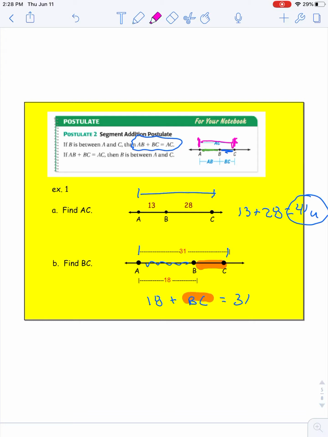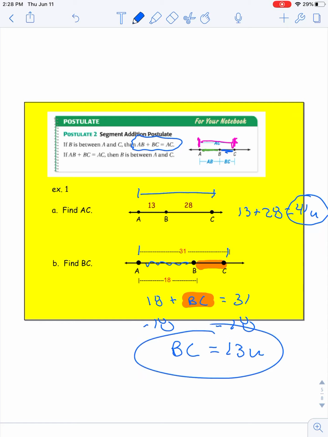BC is that little piece we're trying to find. So all we're going to do is subtract 18 from each side. And so BC, or the distance between points B and C, is 13 units. So the segment addition postulate is pretty obvious because you're just taking a large segment, breaking it into pieces, and all the pieces add up to the whole.